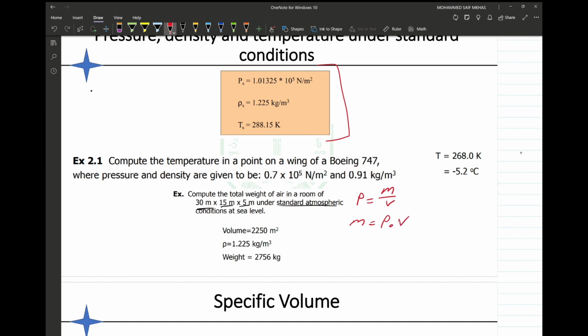Now let's calculate the volume first. The volume is 30 by 15 by 5, which gives us 2,250. Now M equals rho, which is given to us in standard conditions, 1.225, multiplied by 2,250. This will equal 2,756 kilograms.